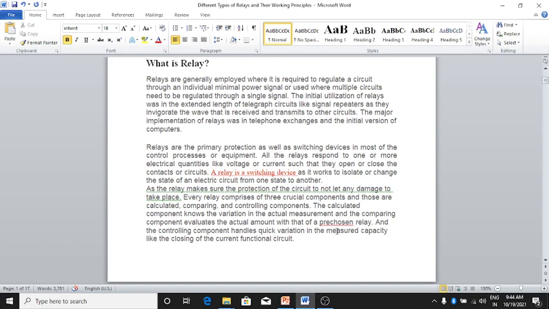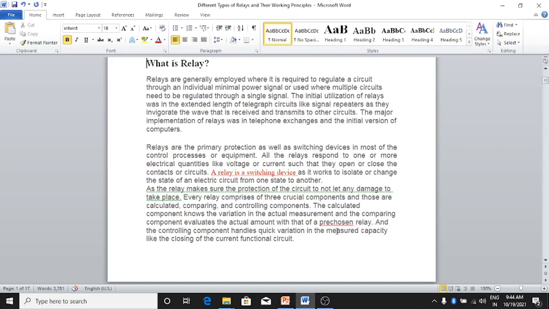The initial utilization of relay was in the extended length of telegraph circuits like signal repeaters, as they invigorate the wave that is received and transmitted to other circuits. The major implementation of relay was in telephone exchanges and the initial version of computers.